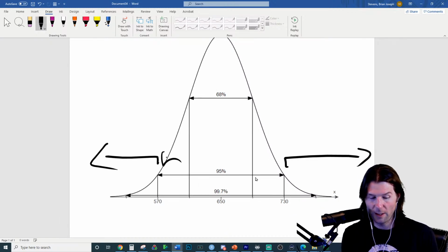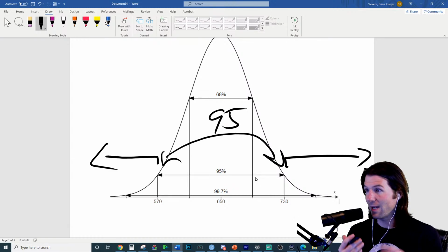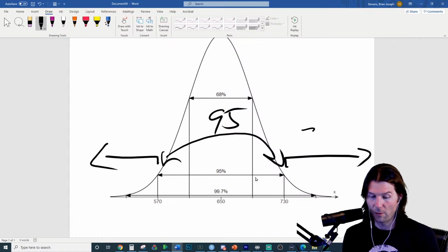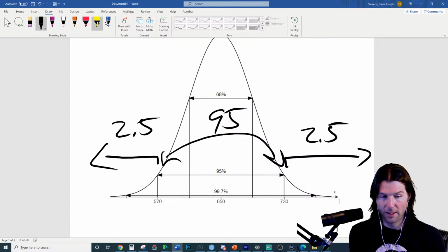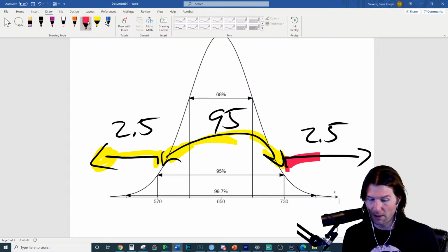Well, we know between here is 95. And that means outside total is 5% outside total. So this is 2.5 and this is 2.5. And that means below here is this amount. And above here, which we're not interested in, is this amount.